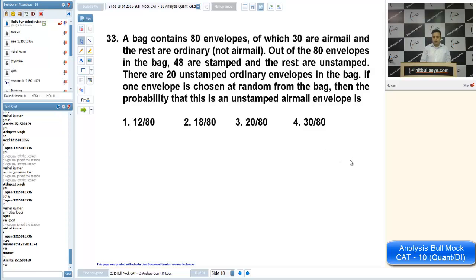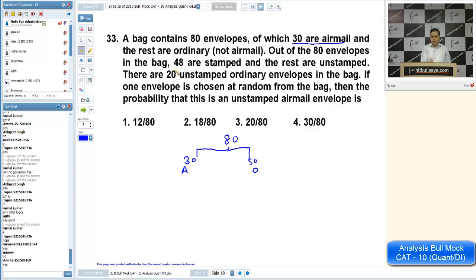Okay, the bag contains 80 envelopes in total, out of which 30 are airmail and the rest are ordinary. So I can say that 30 envelopes are airmail, whereas the remaining 50 are ordinary.